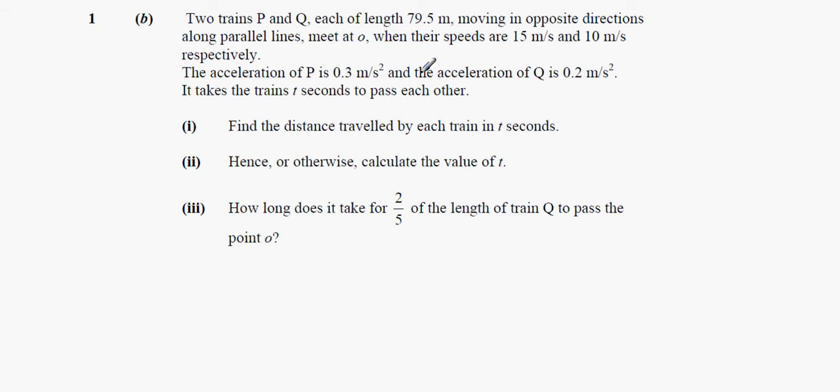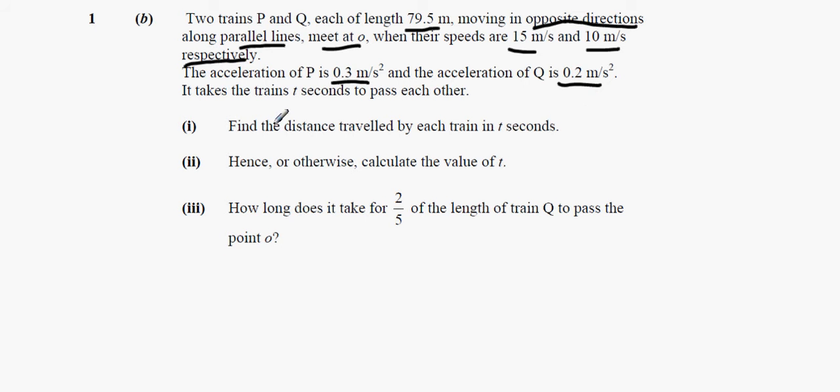Two trains P and Q, each of length 79.5, moving in opposite directions along parallel lines, meet at O when their speeds are 15 and 10 meters per second respectively. The acceleration of P is 0.3 and the acceleration of Q is 0.2.